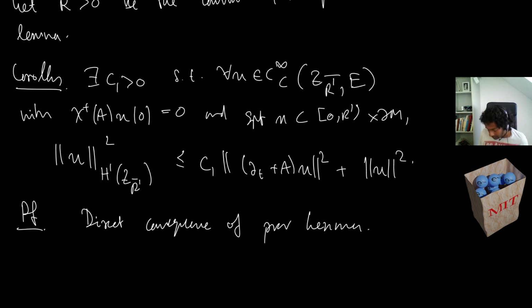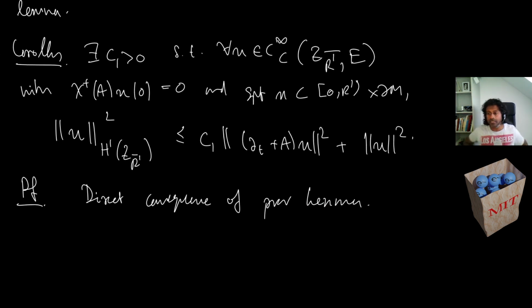lemma. And up to this point, in the considerations, we've just used the fact that the minimal extension, the minimal domain of the operator, is contained in H1 naught lock.